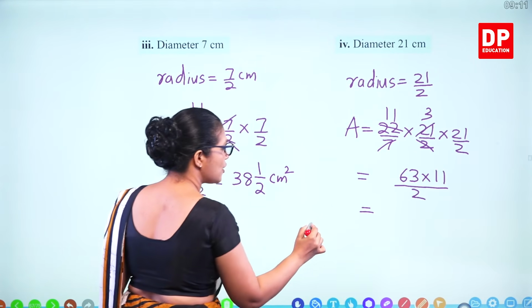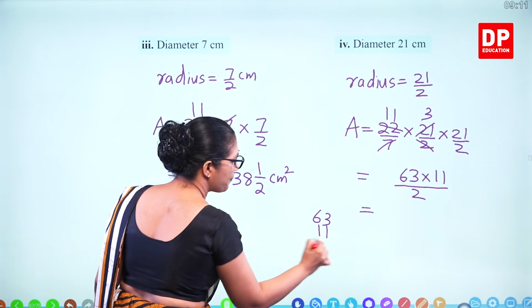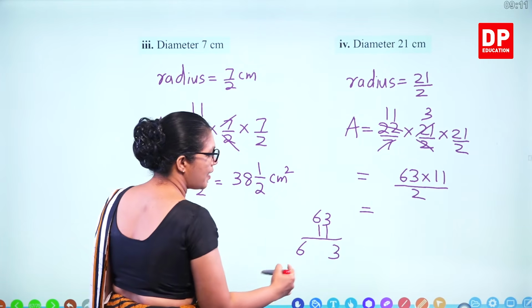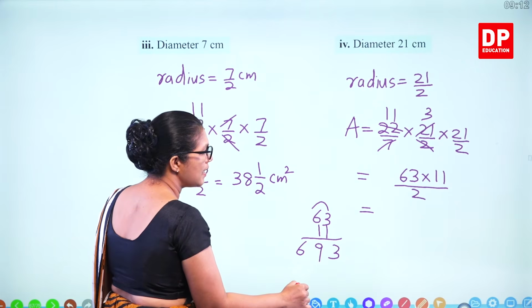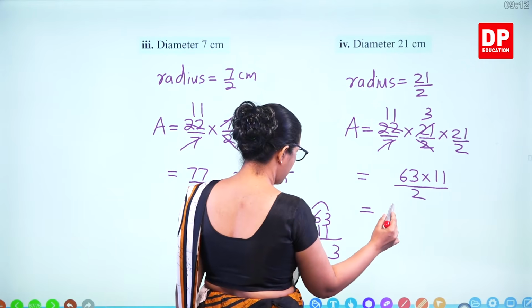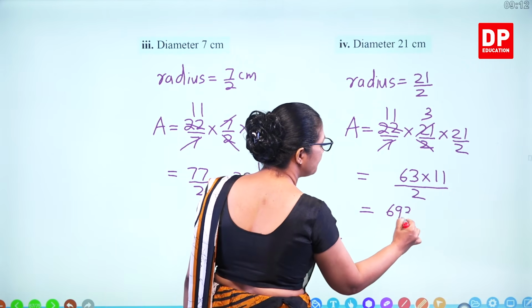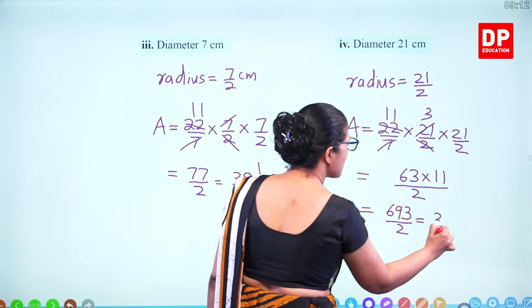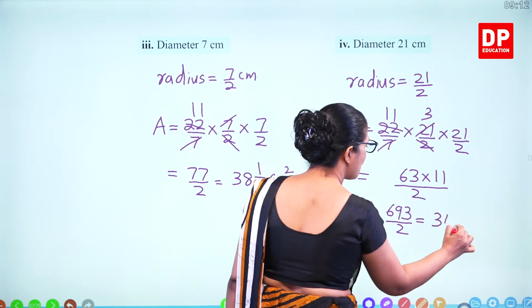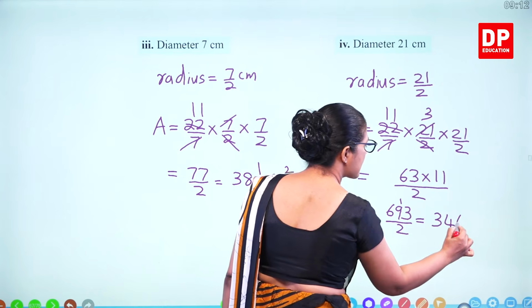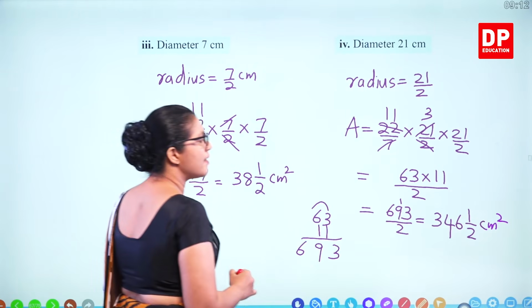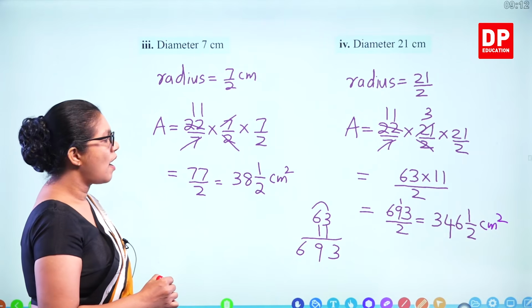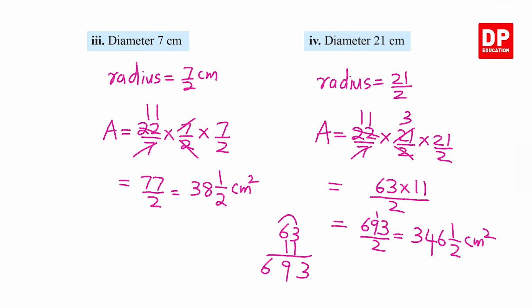So what's the easy method to multiply by 11? 6 and 3 you separate it and then the addition comes here. 6 plus 3, 9. 693 divided by 2. So 346 and a half square centimeters.